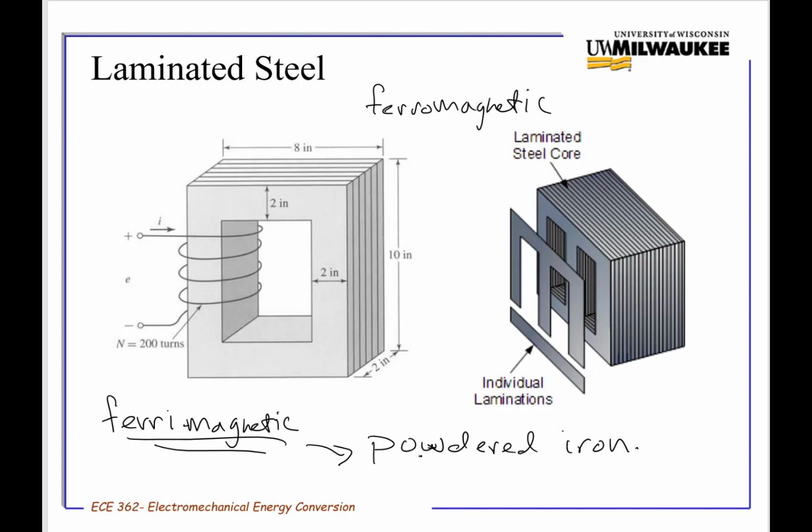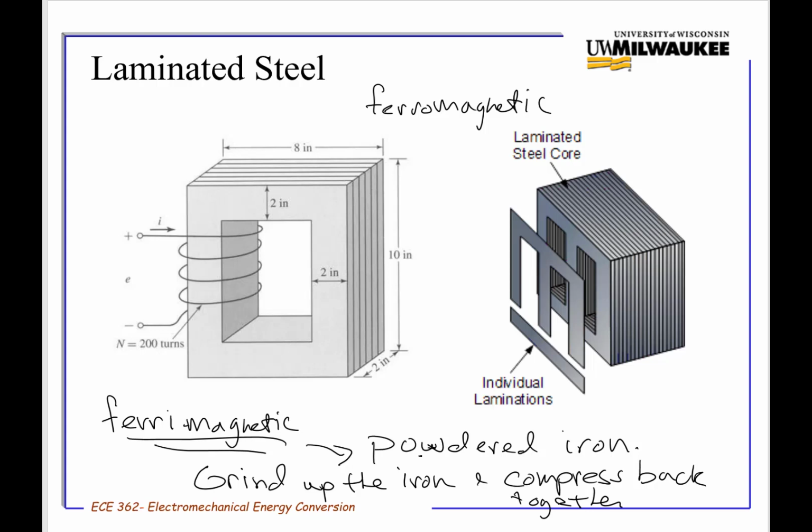Instead of laminations, what they do is they grind up the iron and then compress it back together again. So they start out with a different makeup of the material, and the process of dealing with eddy currents is different also.